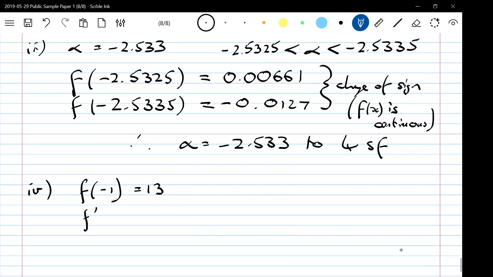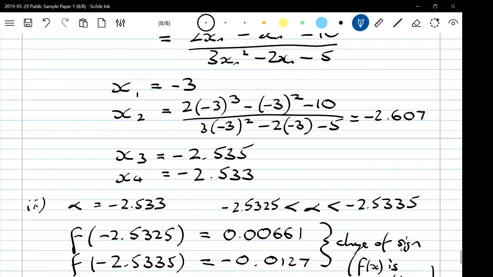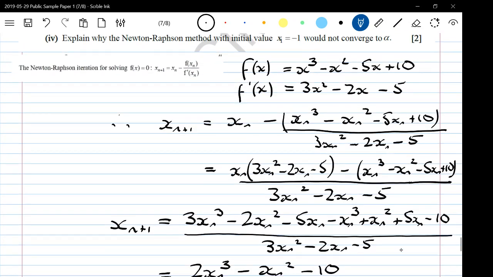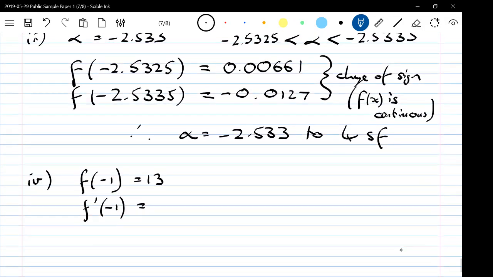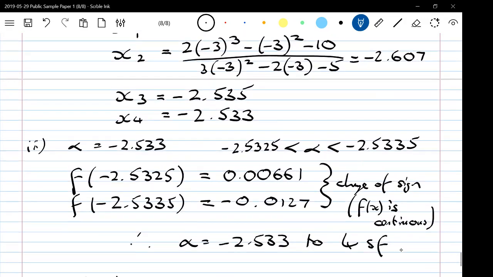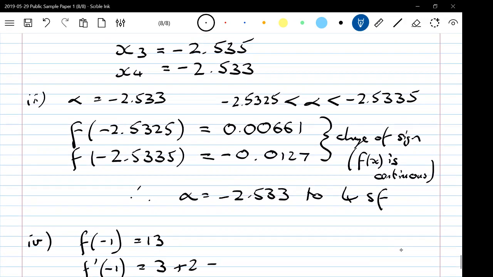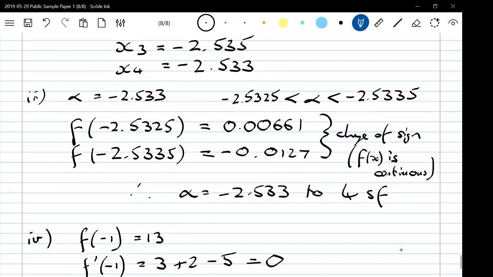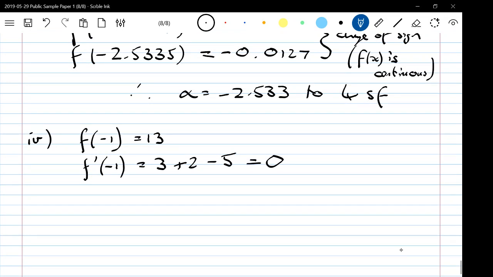F dashed of minus 1. F dashed was up here. 3 times minus 1 squared, so that is 3. Minus 2 times minus 1, so that's plus 2. Minus 5 is 0. So the first derivative is 0.